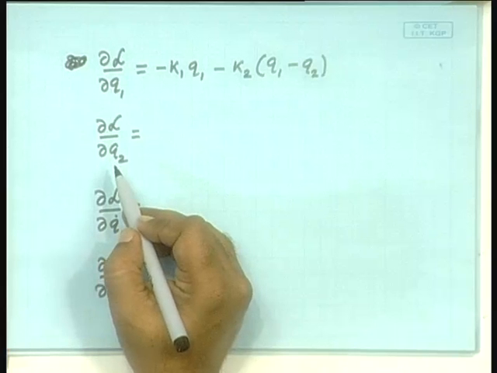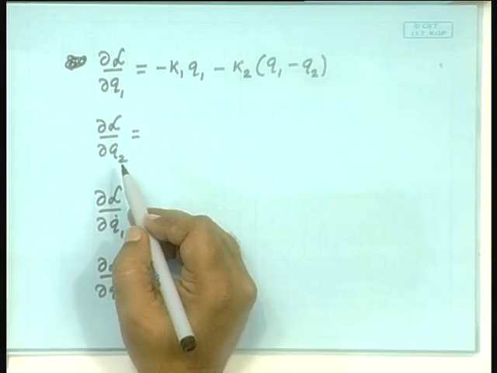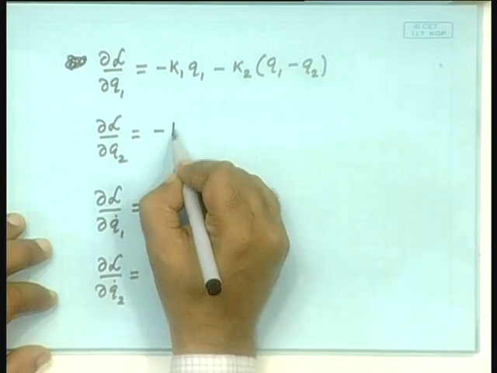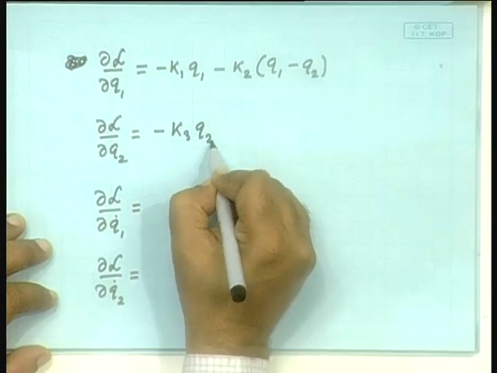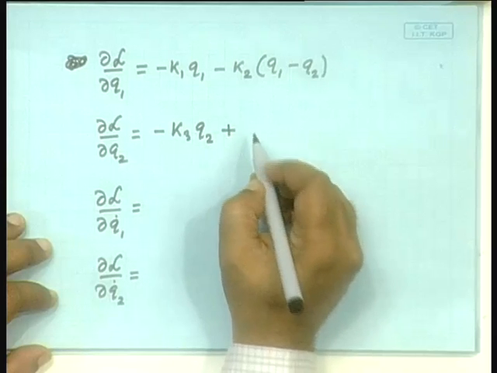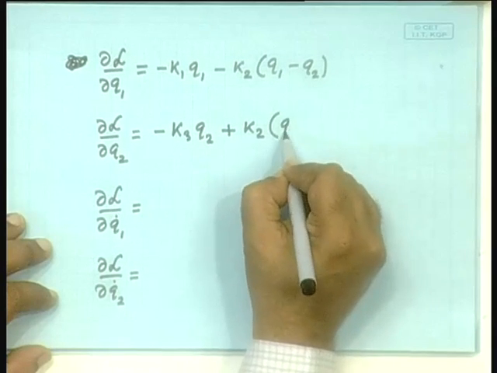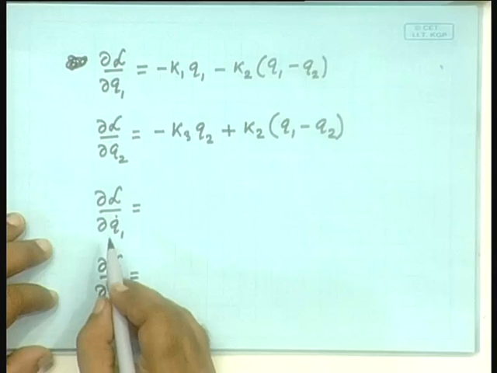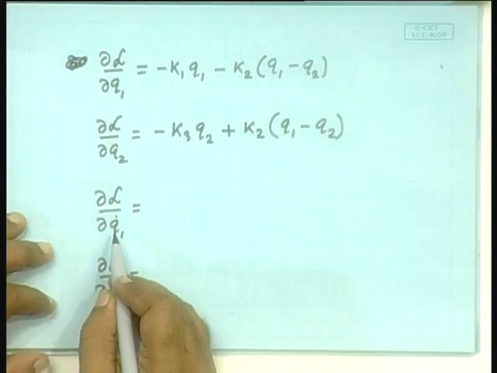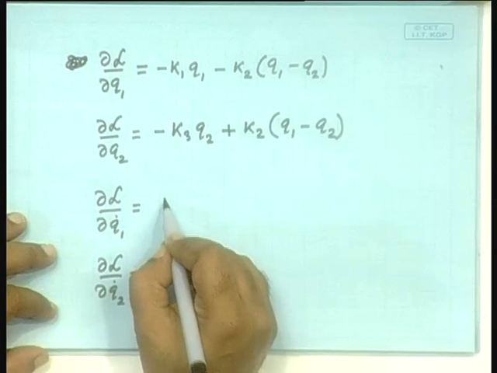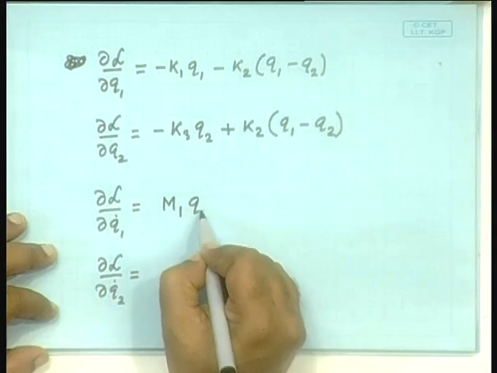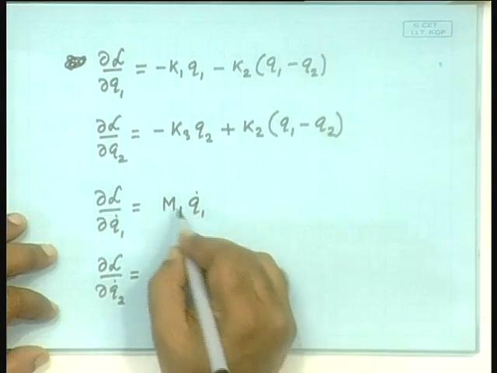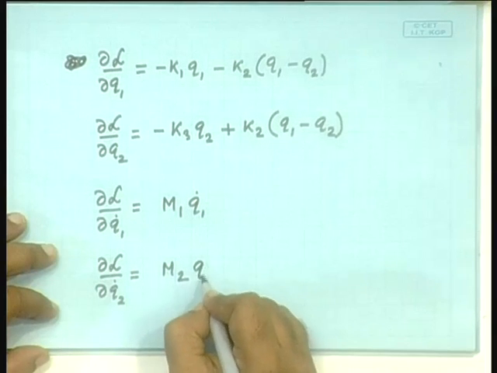Now here it will be minus k3 q2 plus k2 q1 minus q2. Then with respect to the generalized velocities, it is simple: m1 q1 dot and m2 q2 dot, these are the momenta, can you see that.